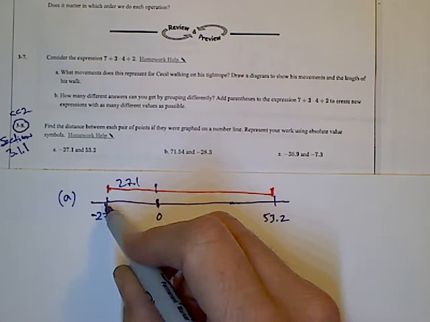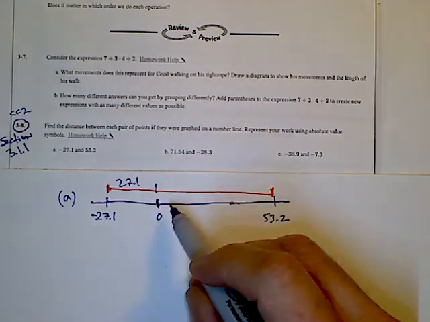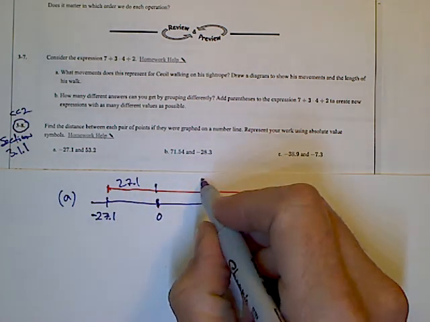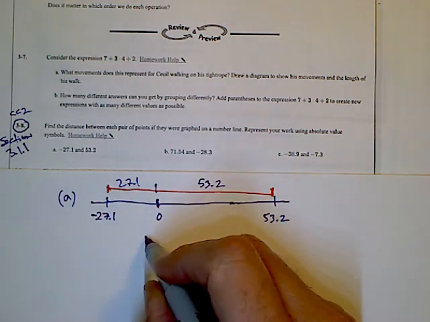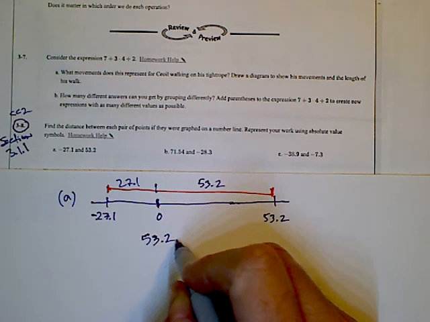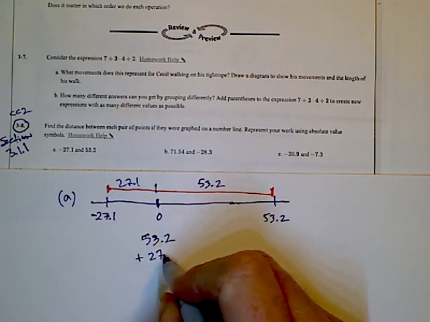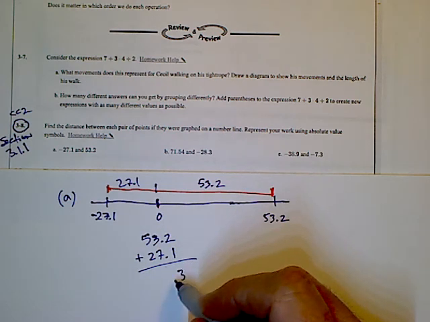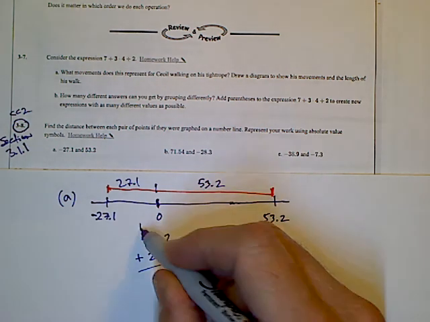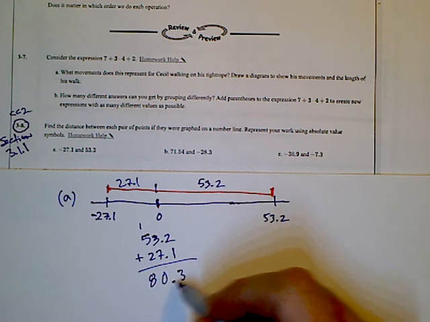And the distance from 0 to 53.2 is 53.2. So if I want the total distance, I'm going to take 53.2 and add it to 27.1. That would be the total distance. So that's 0.3, carry. So I have 80.3.